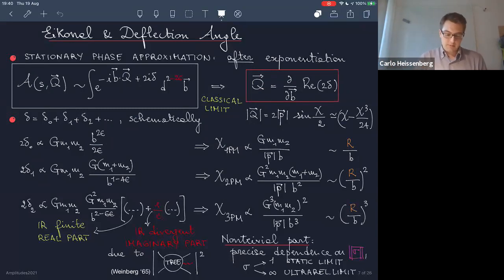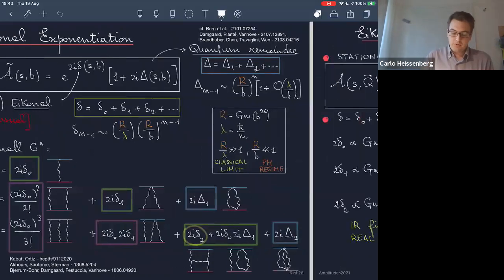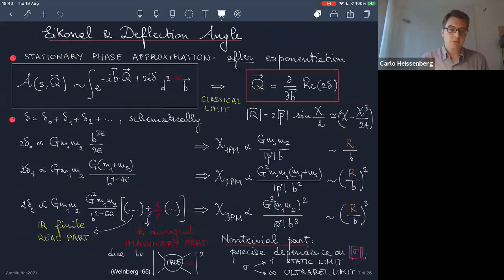So it's really a small quantum quantity, and this reflects the fact that in the Eikonal, the exchange of many gravitons with perturbative momentum of order h bar over b is resummed, and therefore the final momentum transfer turns out to be classically finite.